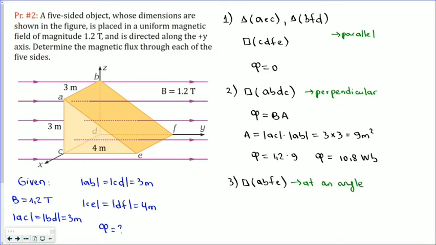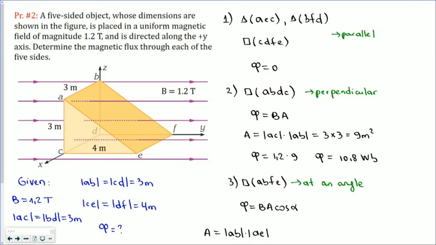So here I use the equation with cosine alpha. Again, I need to find the area of this parallelogram, and we can find this by multiplying the sides AB by AE.